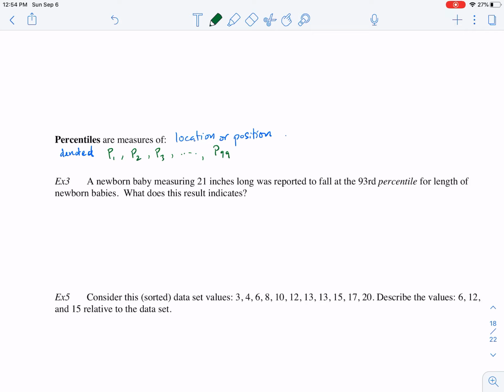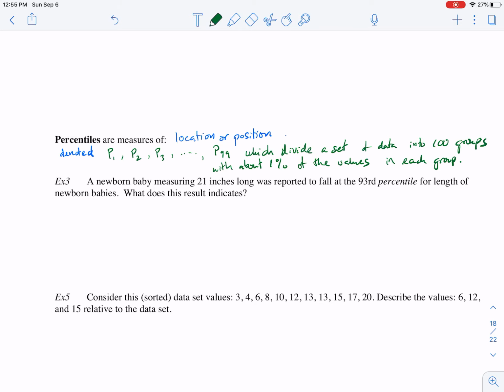So P99 is the 99th percentile, which divides a set of data into 100 groups with about 1% of the values in each group.